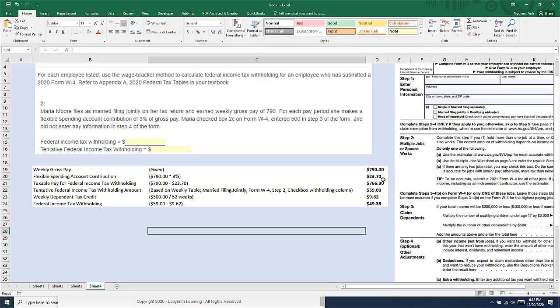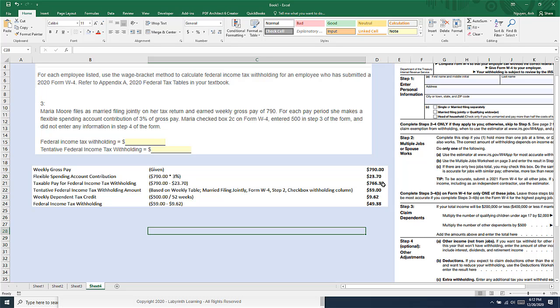$23.70. And flexible spending account is not taxable for federal income tax. So $790 will be reduced by $23.70, and we arrive at $766.30. That's the taxable income for federal income tax withholding. This is the amount that is subject to tax.